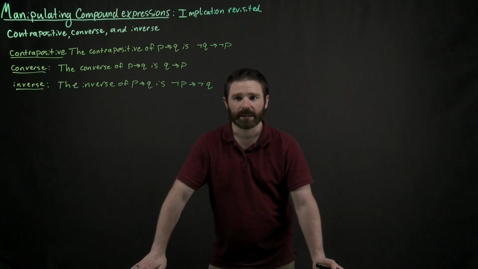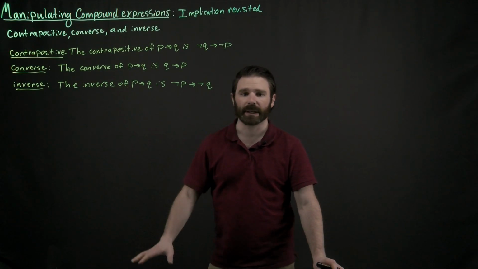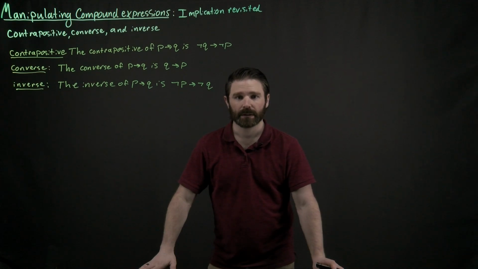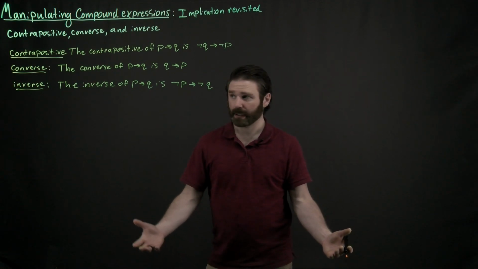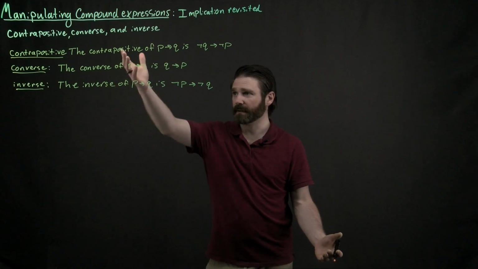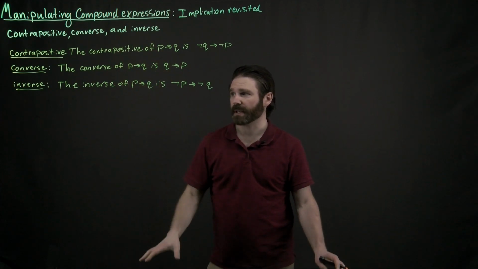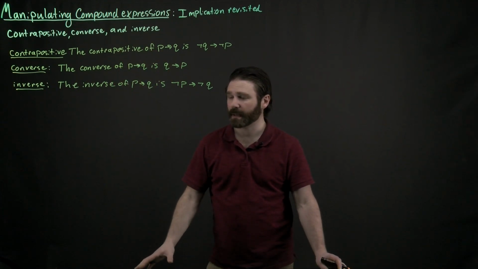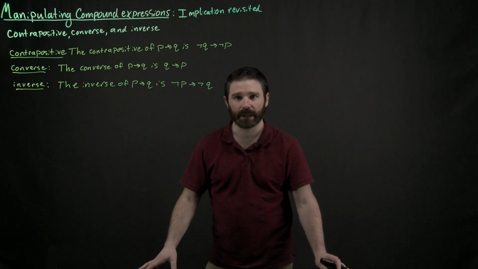So to get some more practice with the contrapositive, converse, and inverse, let's go ahead and translate some English sentences into these different ways that we could represent them. As our very first example, let's consider the following English sentence.